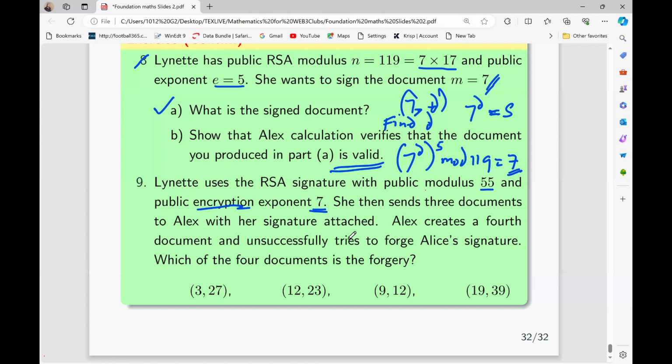She sends 3 which are genuine, and the 4th one is a forgery. But who does that? She sends 3 documents to Alex with the signature attached, but Alex creates another one, decides to forge the 4th one for her.